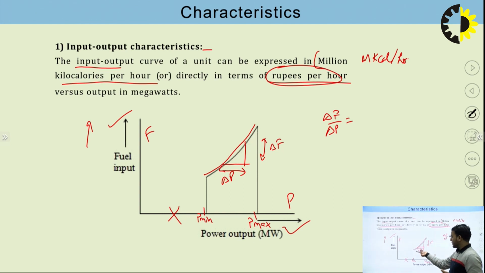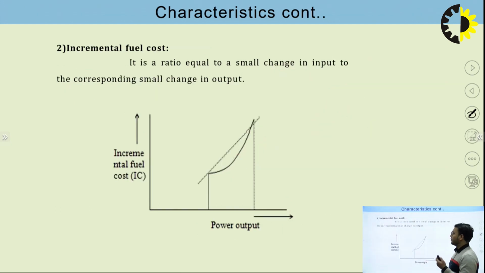This is the change in the load, simply a small increment in the load demand, and to satisfy that particular load demand, this delta F amount of fuel is required. So this is known as incremental fuel. Incremental fuel cost is basically the ratio of the small change in the input to the corresponding small change in the output, right?